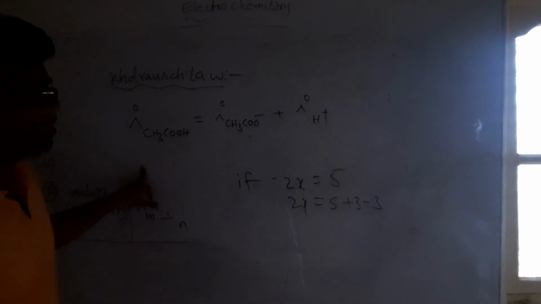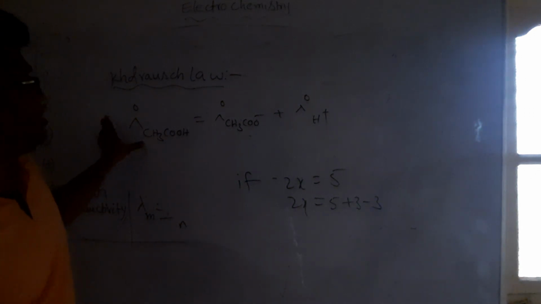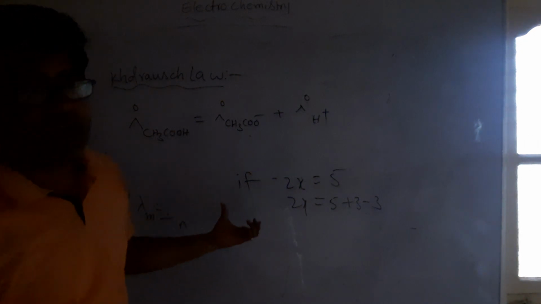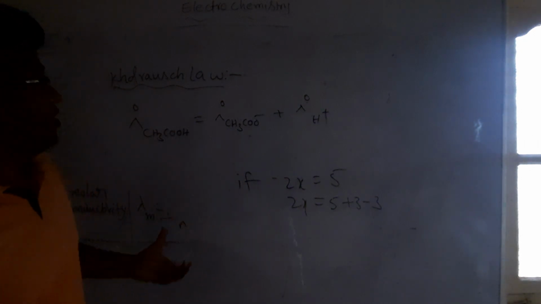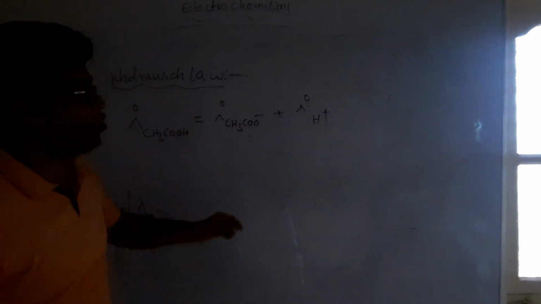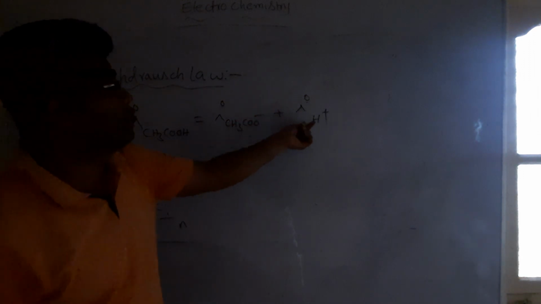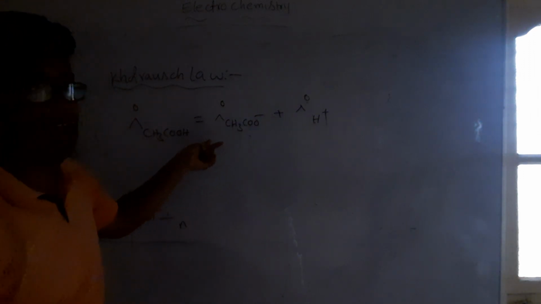So the limiting molar conductivity of a weak electrolyte is equal to the sum of the limiting molar conductivities of the cation and anion.